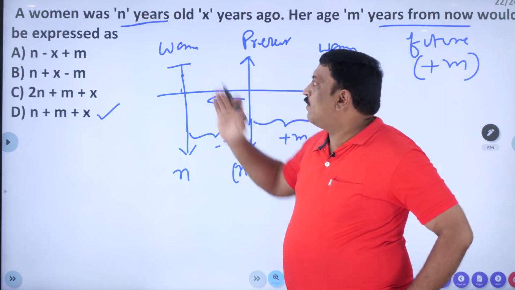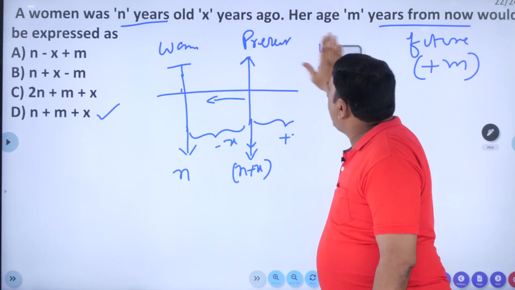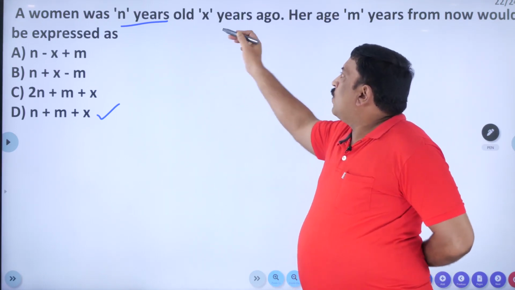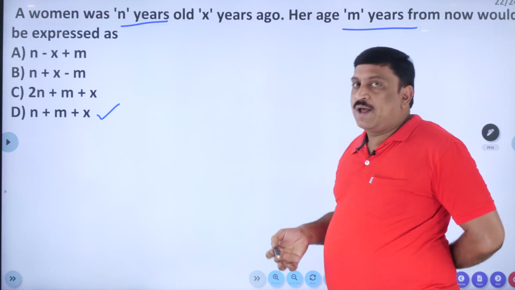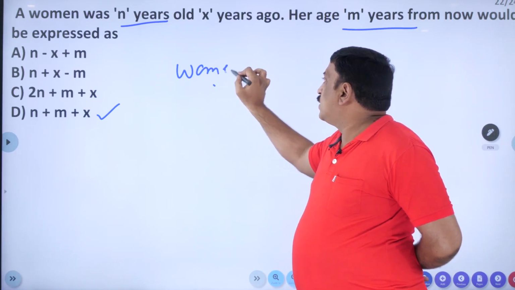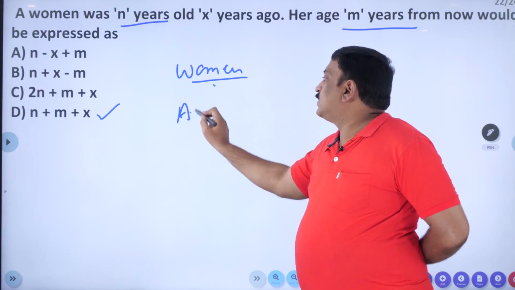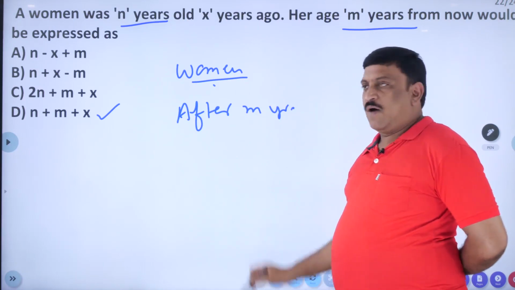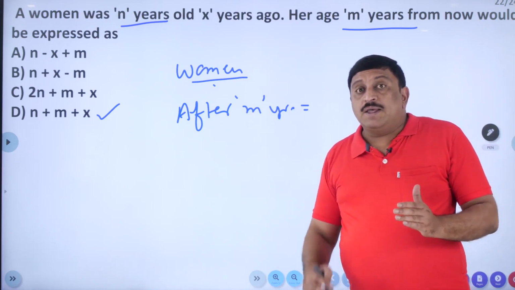I'll give another explanation of this, because some people might have felt inconvenient about this type of case. Here, a woman was n years old x years ago. Her age m years from now: the question is the woman's age after m years, how much will she be?